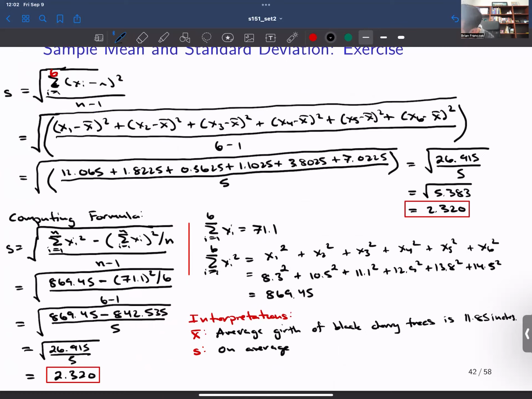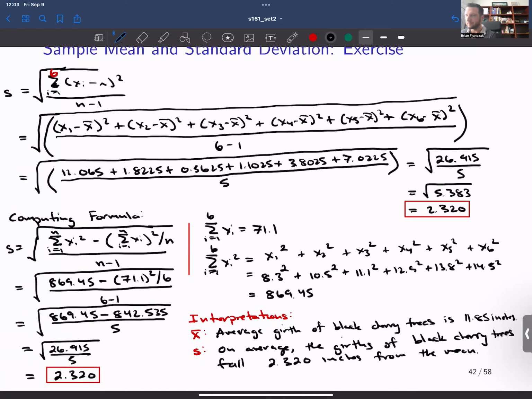On average, the girths of black cherry trees fall 2.320 inches from the mean.